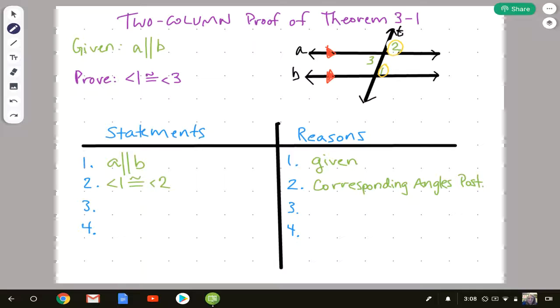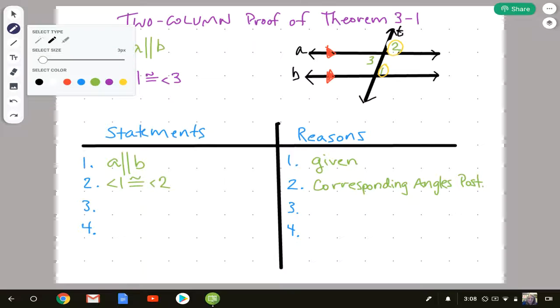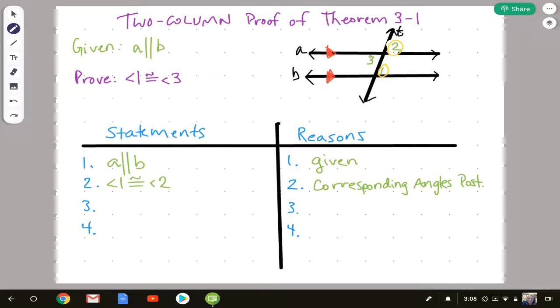Now, I have these three different angles, and I'm trying to eventually get to angle 1 is congruent to angle 3. So somehow I need to get angle 3 involved. What I'm hoping is it will be connected to either angle 2 or angle 1, so that I can say something about those. Right now I'm looking at angle 3, and I do see that angle 3 and angle 2 are vertical angles.